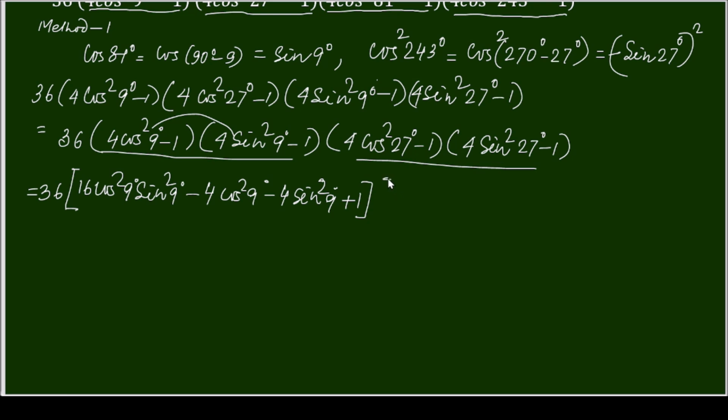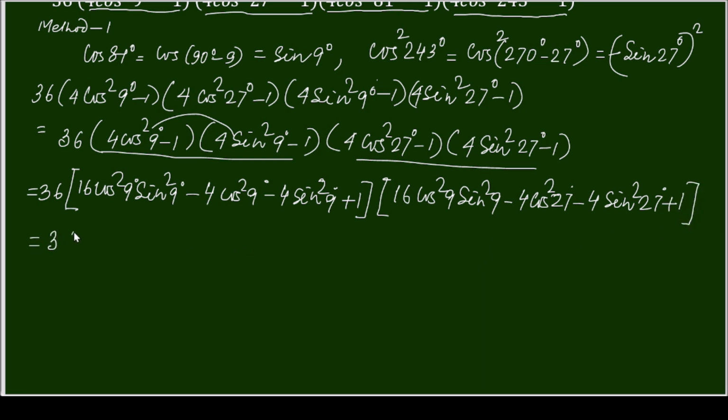And the second one, again it will be 16 cos square 27 sine square 27 minus 4 cos square 27 minus 4 sine square 27 plus 1.